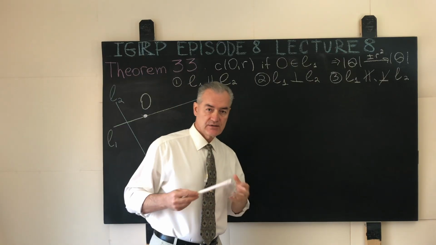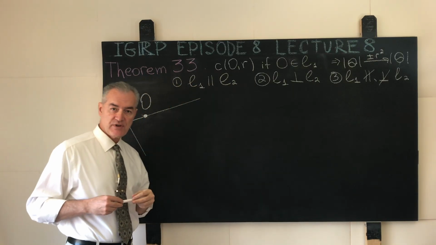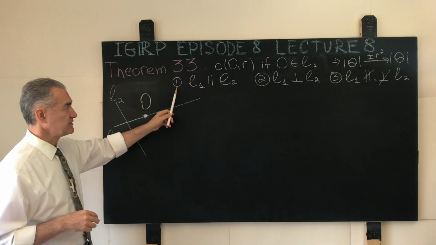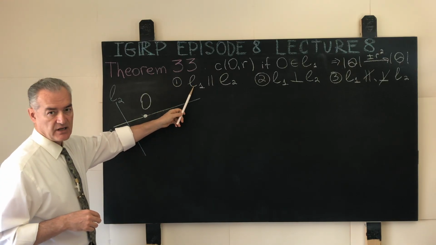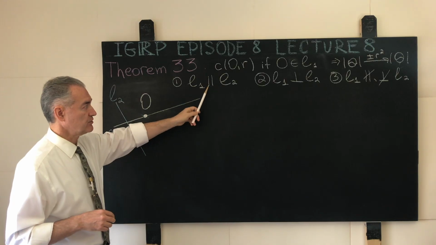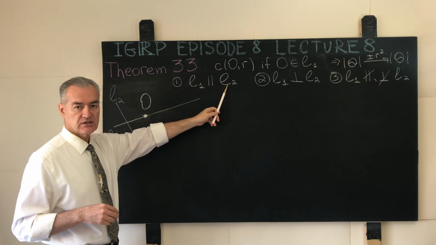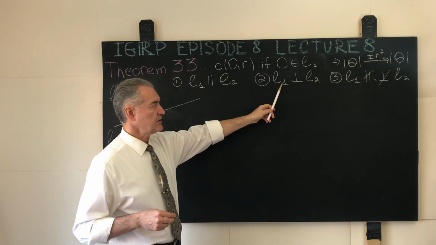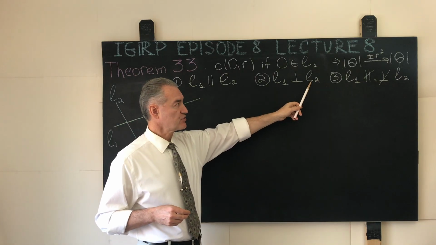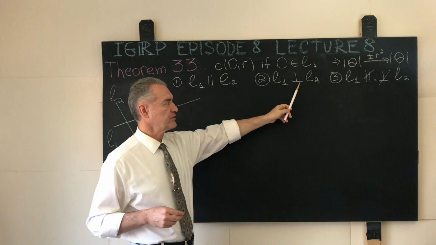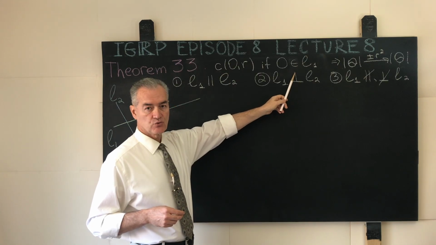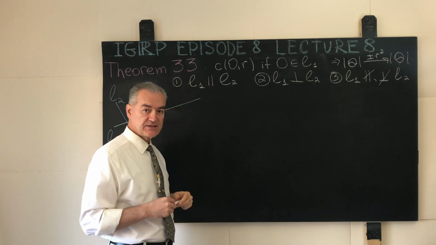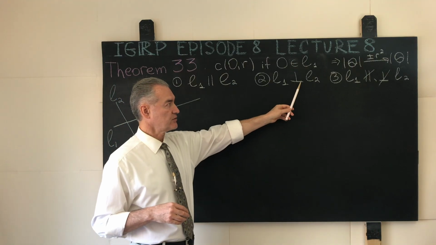As such, it is convenient to partition the proof of theorem number 33 into three distinct following cases. In the first case, case number 1, the straight line L1 is parallel, depicted with two vertical bars, to the straight line L2. In the second case, the straight line L1 is perpendicular to the straight line L2, and here the sign perpendicular is basically constructed from two bars, one vertical bar and one horizontal bar, in such a way that the vertical bar stands directly on top of the horizontal bar.